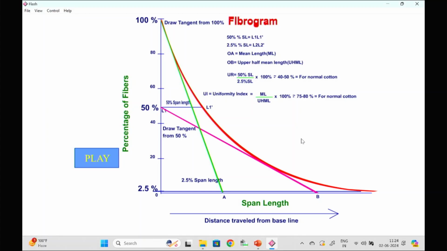Okay, so typically the relationship between uniformity ratio and uniformity index is that the index is about 1.8 times the uniformity ratio for typical cotton. The typical range of uniformity ratio is 40 to 50%, and it cannot be more than 50% typically.